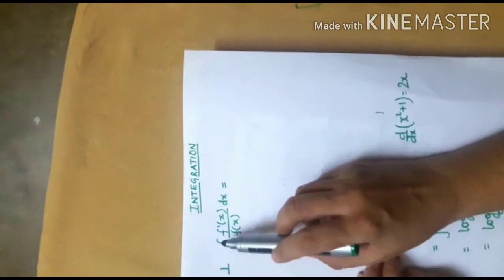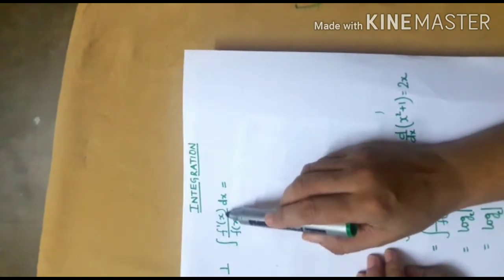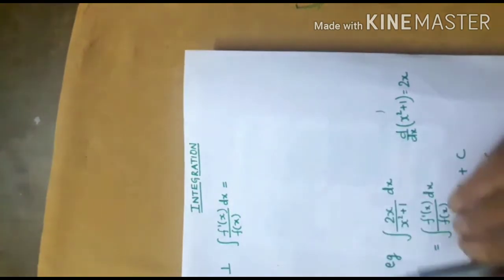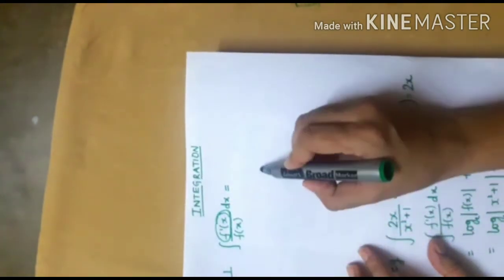Now let's take the integral of the form f dash x over f x dx. That means the derivative of the denominator is there in the numerator. Yes, what will I do?